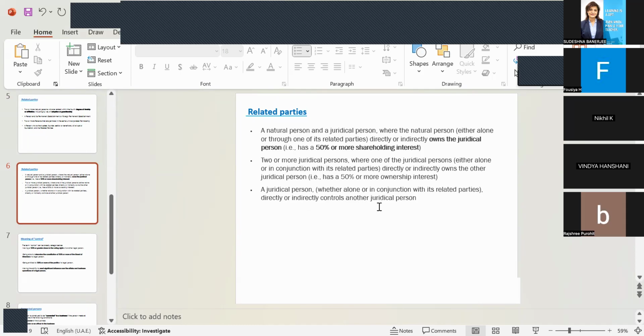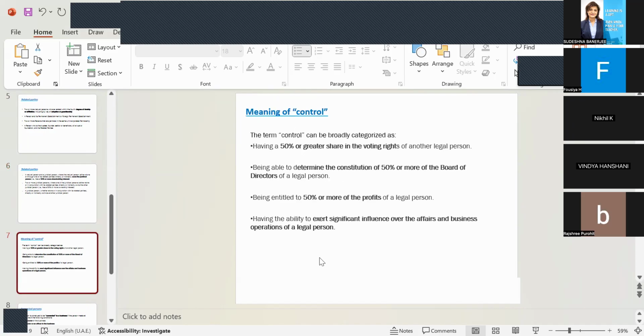There is an ownership interest that doesn't have to be the shareholding percentage, but gives control over the other company. A juridical person, whether alone or in conjunction with a related party, directly or indirectly controls the juridical person. So these are the most common situations where we can say that a person is related to the other party. It can be through shareholding or other than shareholding also.